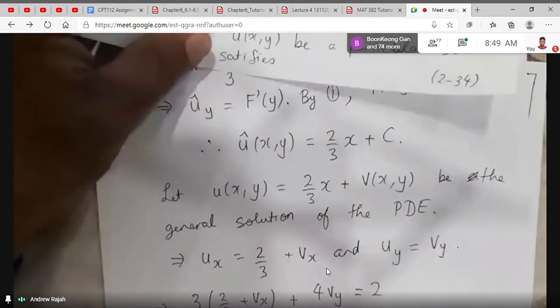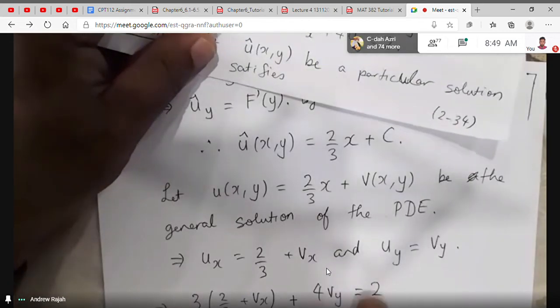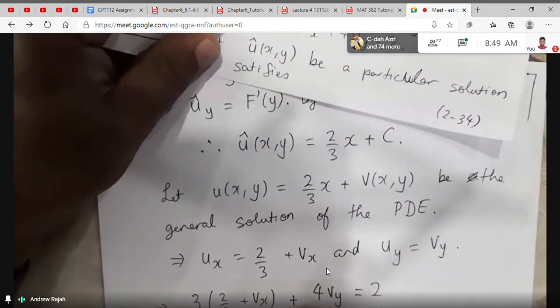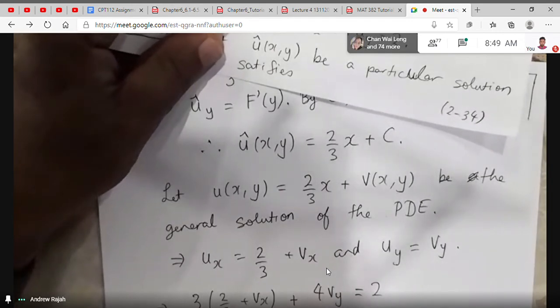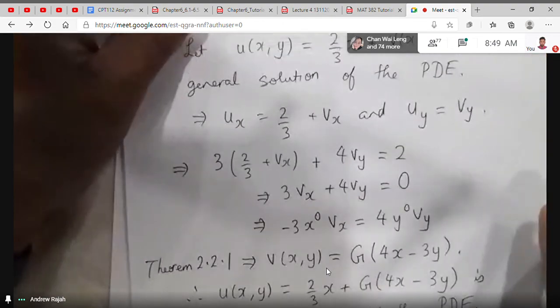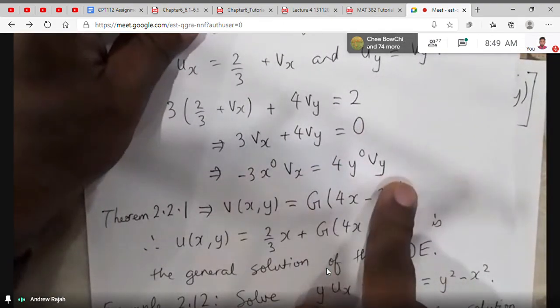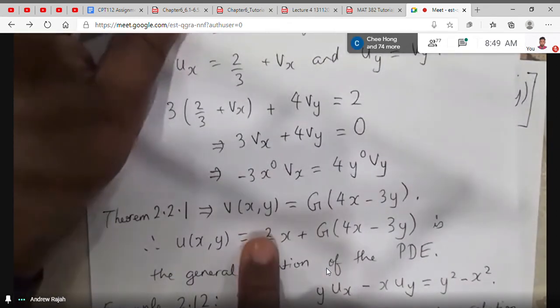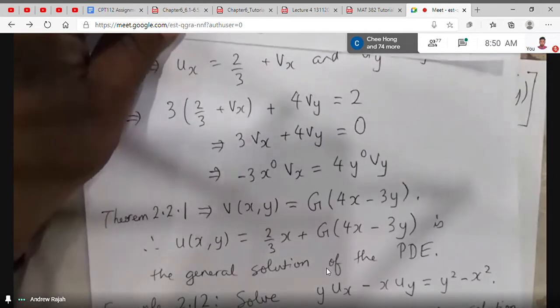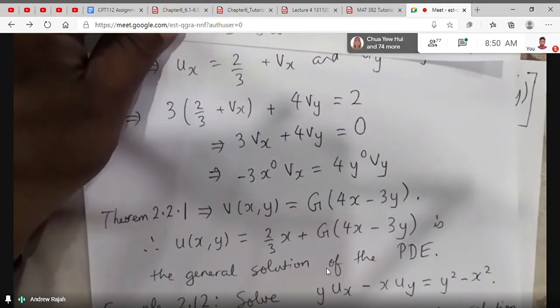You get 3 times 2 over 3 is 2, here you got 2, both the 2's cancel off, so you're left with this, which is bring left and right, and you get that, theorem 2.1.